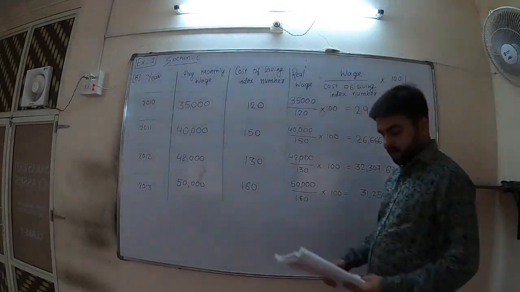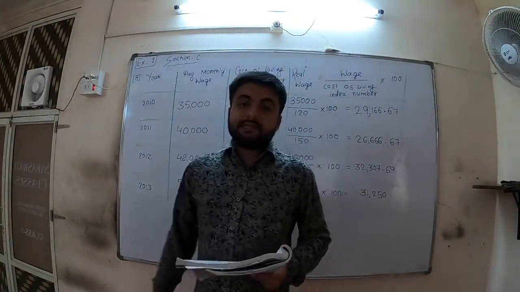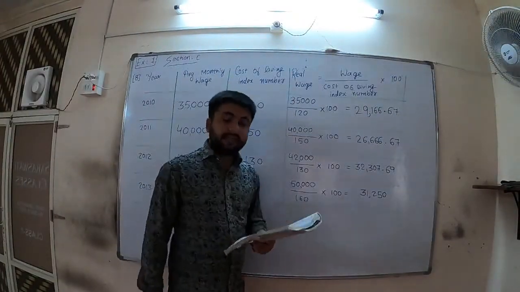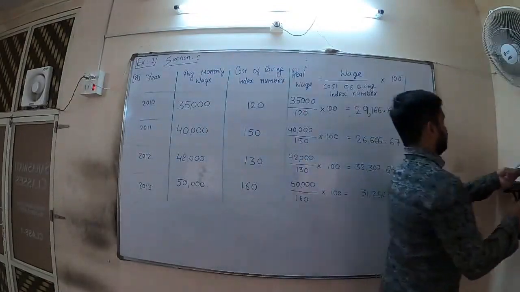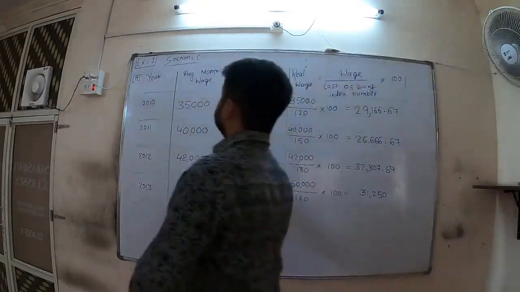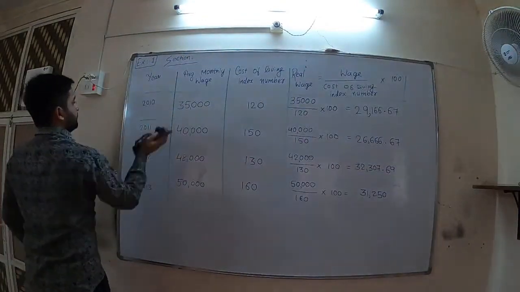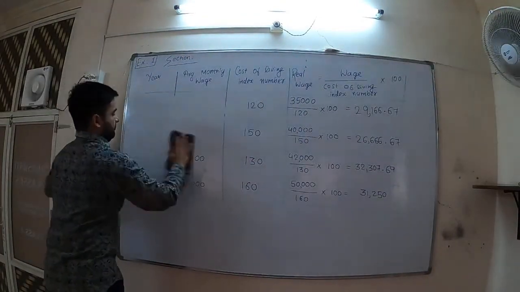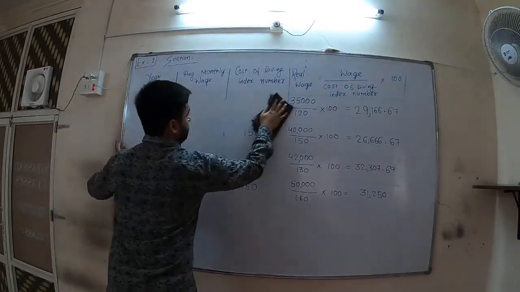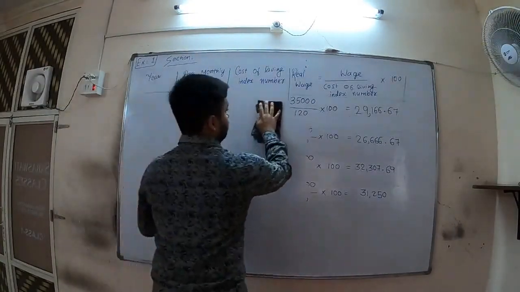Okay. Now in section E, 7th sum we are taking. The columns will be the same.